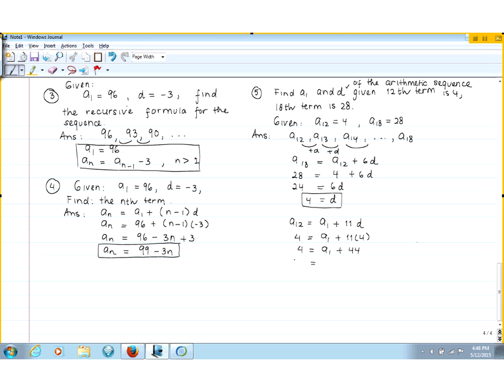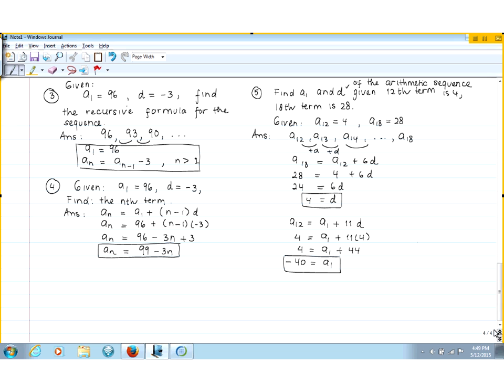So 4 is A1 plus 44. So subtract 44 from both sides. This is negative 40. So we found that A1 is negative 40 and D is 4. Now you could also use the other method, in which you have 2 equations and 2 variables.